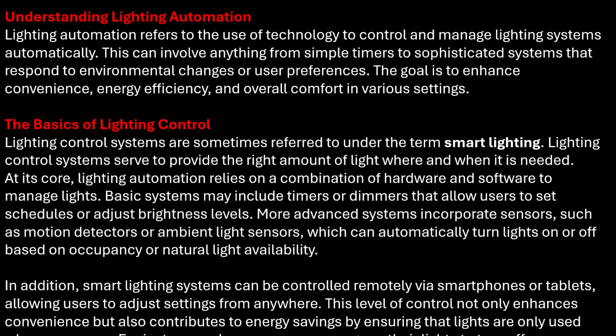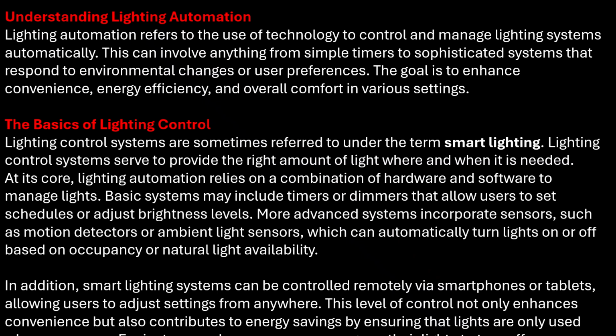Friends, we shall be discussing two different things: lighting automation and lighting control. So first let us decide what is lighting automation. It refers to the use of technology to control and manage lighting systems automatically.